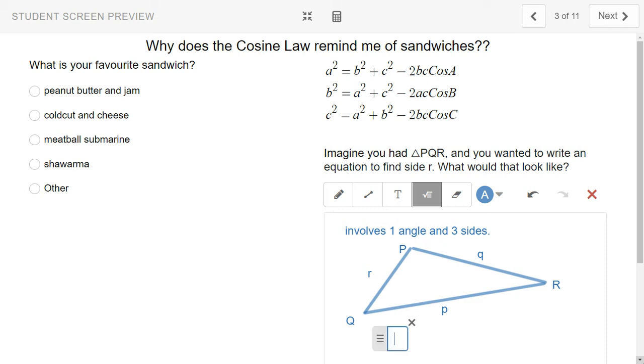So my equation in this case, I have R squared is equal to P squared plus Q squared minus 2PQ cosine R.